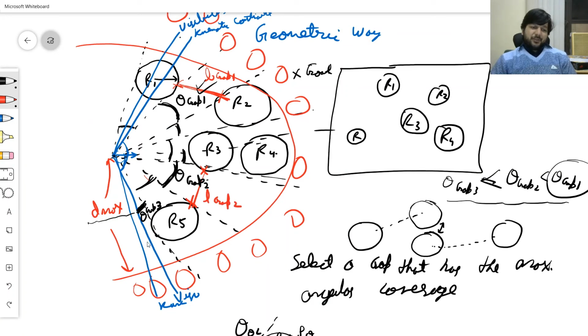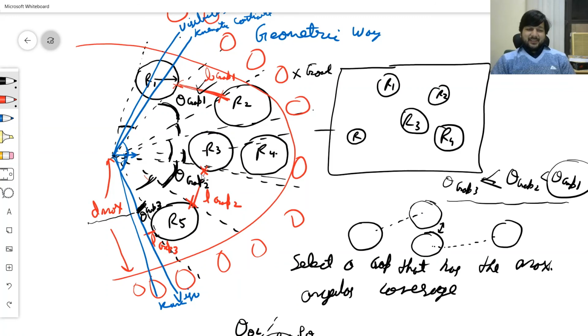Here, of course, you need to find the shortest distance between this and the line, so this is length of gap 3. It can be calculated from geometry, so you know the equation of the circle, you know this thing, you know this angle. I just calculated those angles, so you know the equation of this line, you know exactly where this line hits this point. You can geometrically find that out.